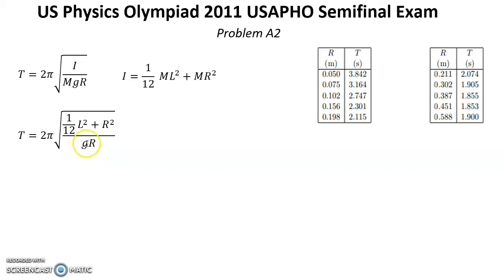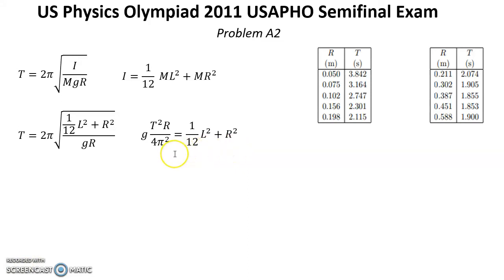Now look at this formula. Here we have to find what g is and what L is. And we have experimental data for period T and distance r. So we can linearize this formula in the form of this expression.